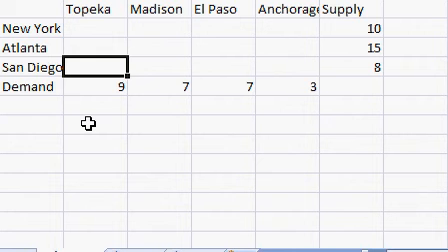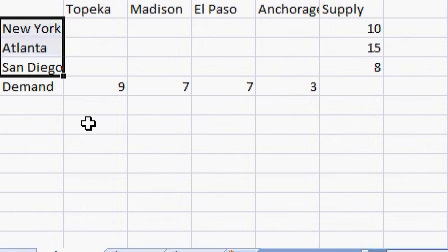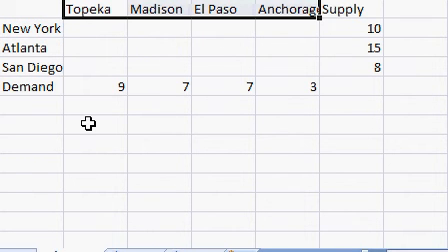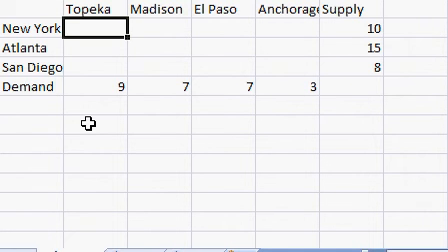So the goal of a transportation problem like this is to get all the goods from the sources, the production facilities, to the destinations with the smallest distance possible, minimizing transportation costs. And so to do that, we need to know the distance between New York and Topeka.